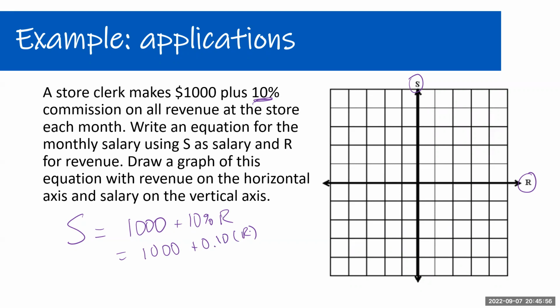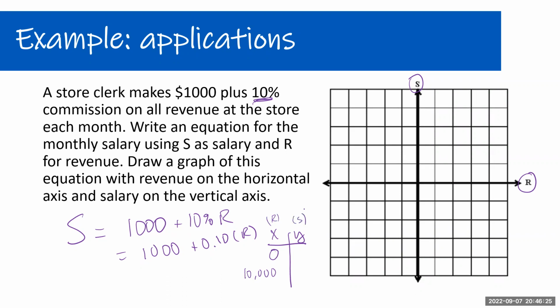Now to graph this, let's talk about a couple of points here. Again, we only need 2, right? Let's say, okay, well, what if there's no revenue? And then let's say, what if there is $10,000 in revenue, okay? So remember that X is our R here and Y is our S here.